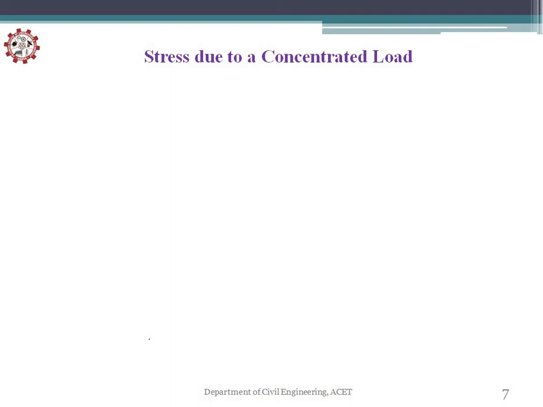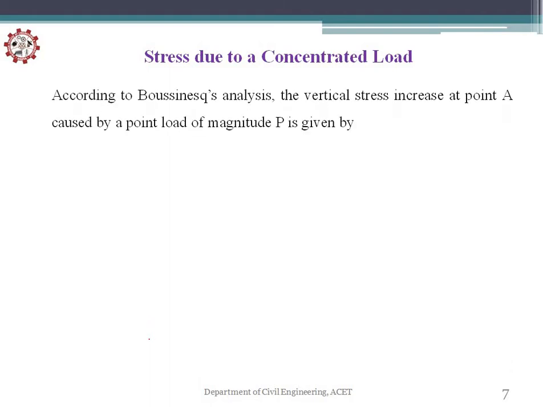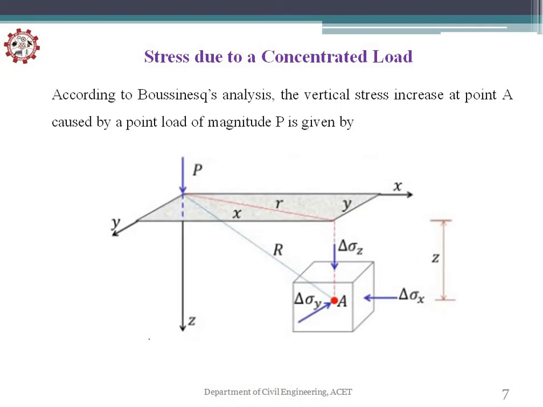So stress due to the concentrated load, according to Boussinesq's analysis, the vertical stress increase at a point A caused by a point load of magnitude P is given by the following. This is the area, this is your vertical load or stress. This is the x, this is y, and this is the z direction.